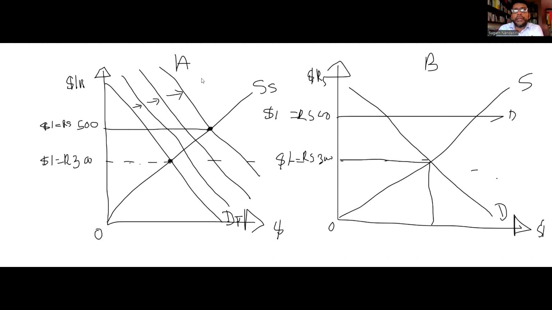Then there should be elastic demand for exports. Second one, elastic demand: when the price declines, they buy more. Simply, they purchase more after the price change. Then you are okay.